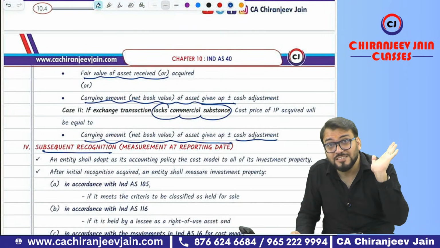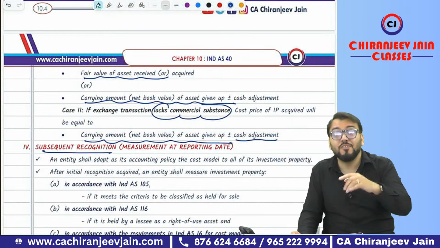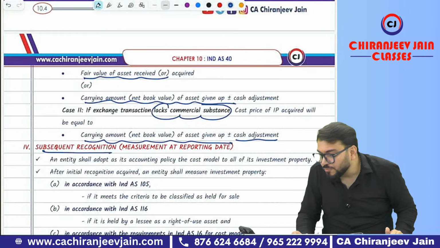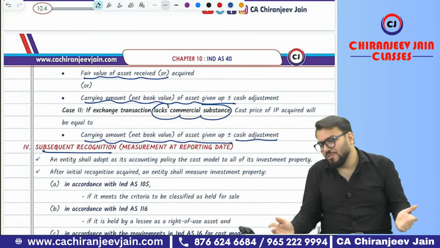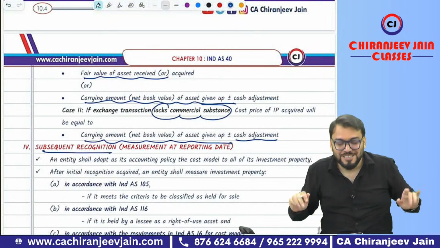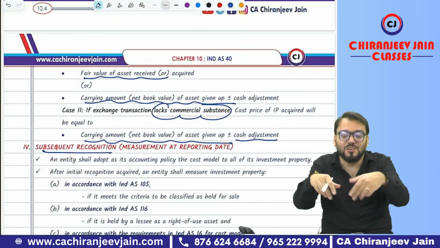If you're reading, one slap from my side. Don't read. Respond fast. It is under cost model, revaluation model. Very good, very good. Like you have read or you have not read? Without seeing you have given the answer.